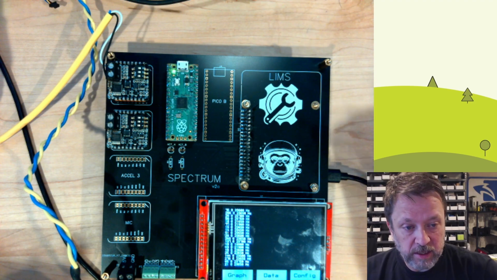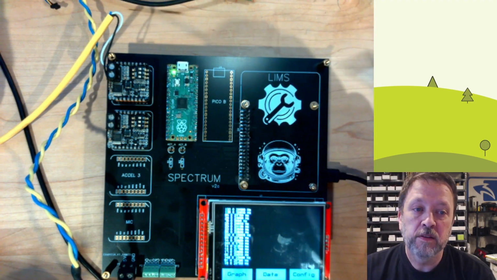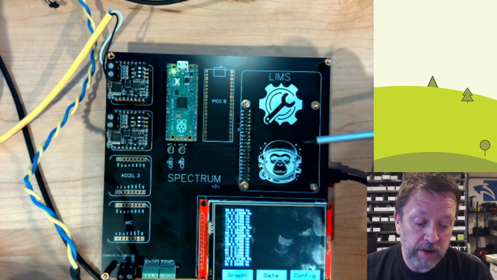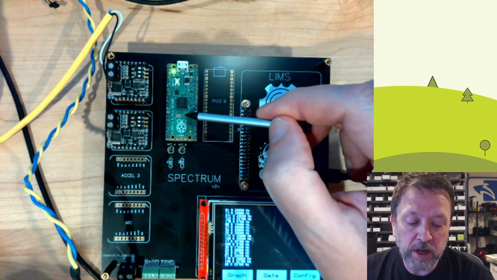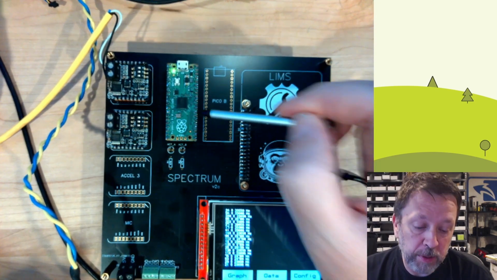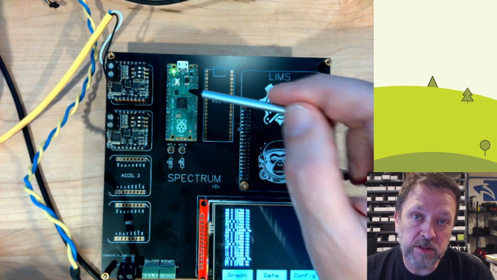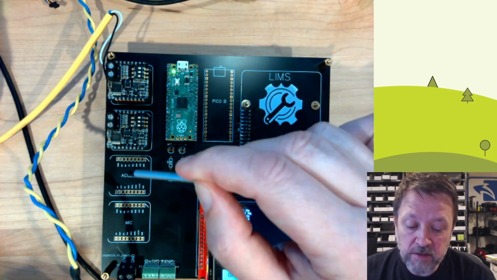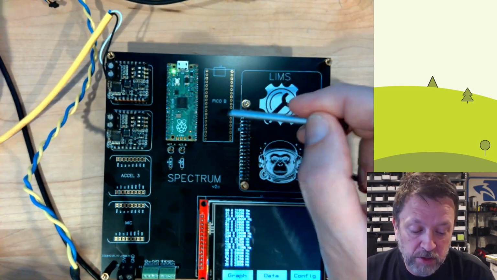That actually gets taken care of by this device here. Again, we don't have A to Ds on the Raspberry Pi 4 itself, but I do have a Raspberry Pi Pico, which does have A to Ds. It has 2 channels of A to D, and I need 4 channels of data, so I had to make provision for 2.